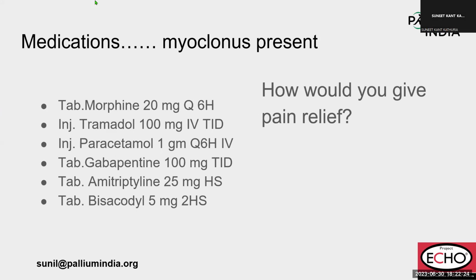But with tramadol also, it becomes about 120 milligrams of morphine equivalents. She is already taking that. Okay, anybody else? I can see some in the chat.